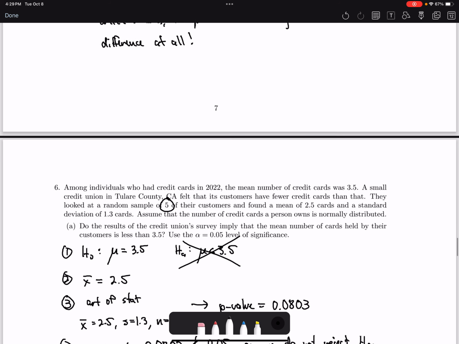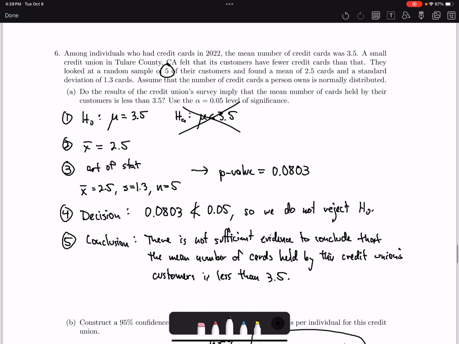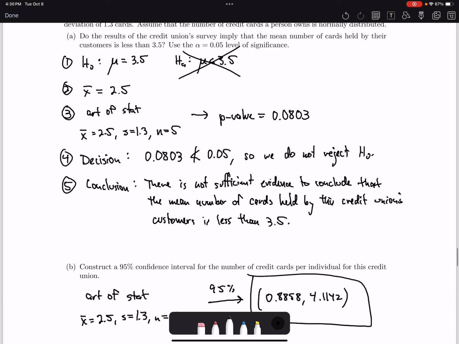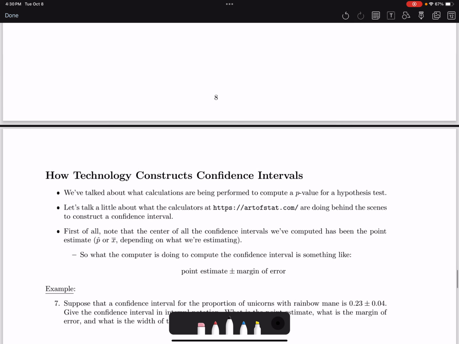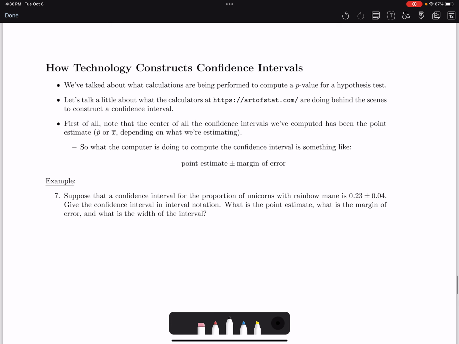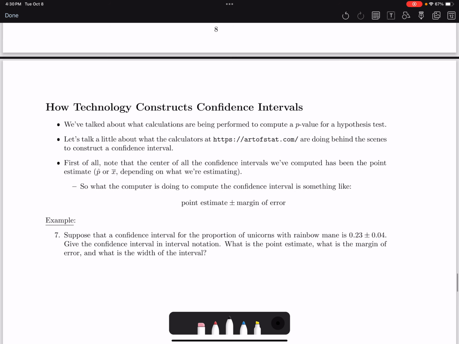And then finally on number 6, we had a result that wasn't statistically significant, but that's probably just because of a sample size issue, right? A larger sample size, and they would probably be rejecting the null hypothesis. So anything can happen, and the name of the game for us is to correctly interpret the results, right? We can compute these results, and we want to be able to correctly interpret them.